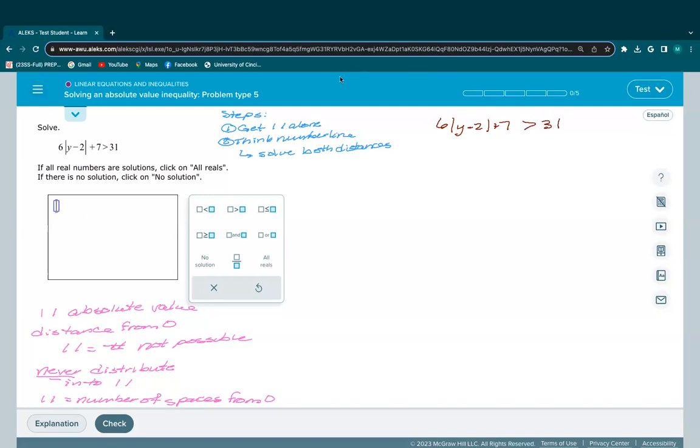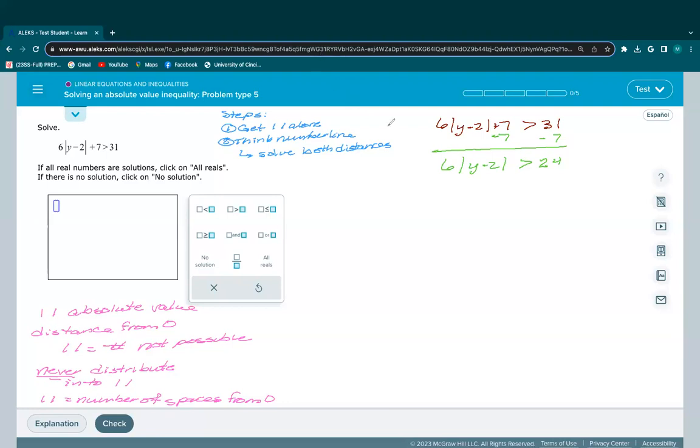We're going to get the absolute value all by itself. So we're going to get rid of that 7 first. And 6 times the absolute value of y minus 2 is greater than 24.